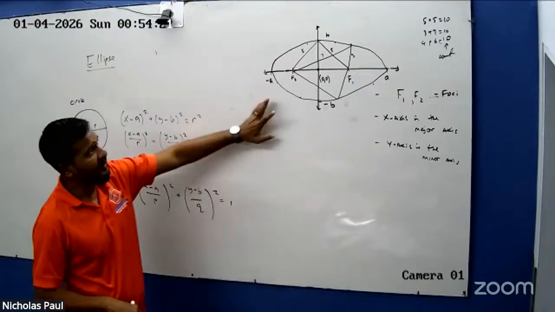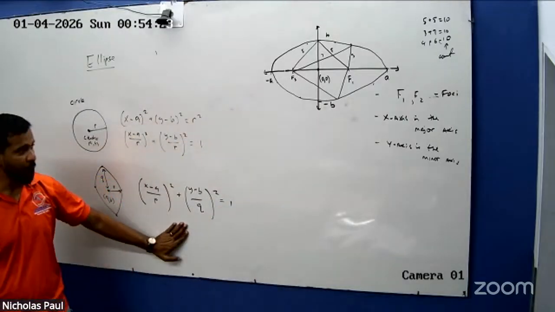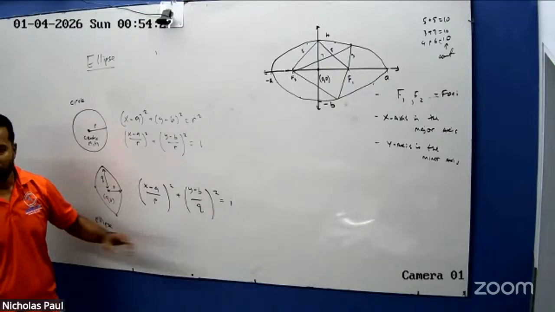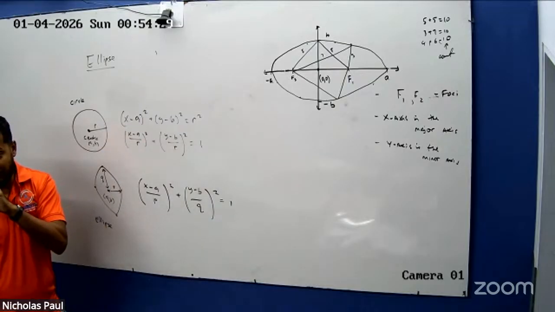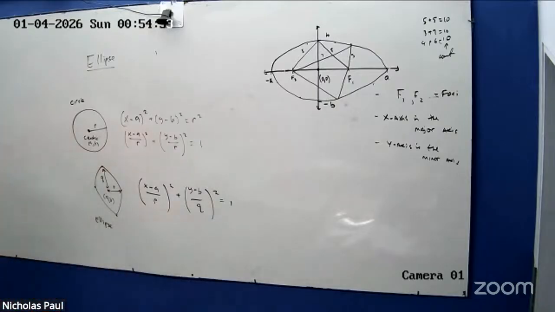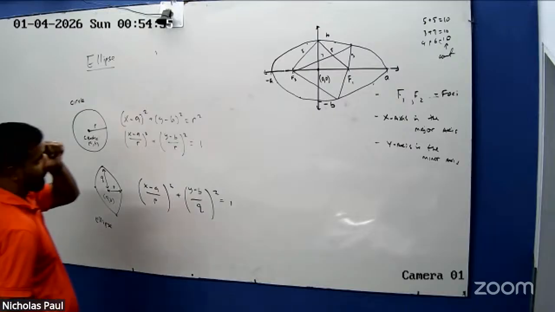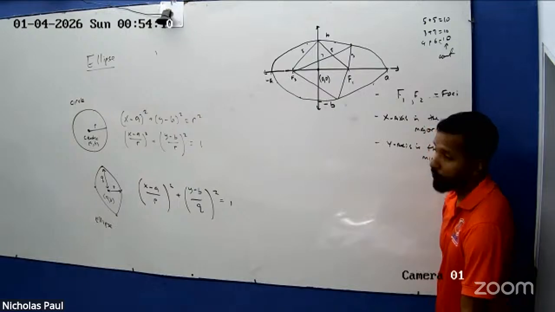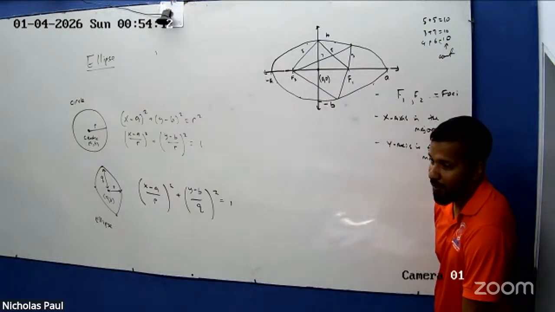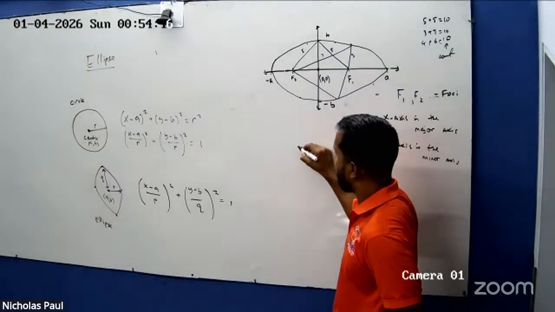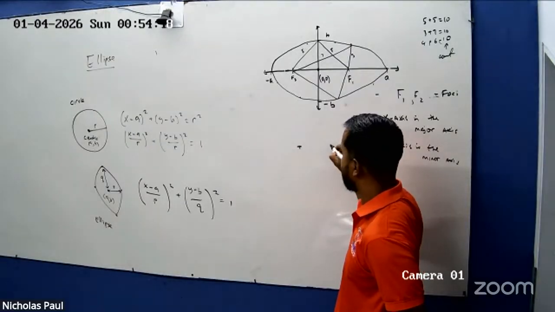Based on what you learned and what I showed you earlier, could you help me get the equation of this ellipse? What will be the equation of that particular ellipse? I'll give you a help. There are a plus sign and an equal sign.